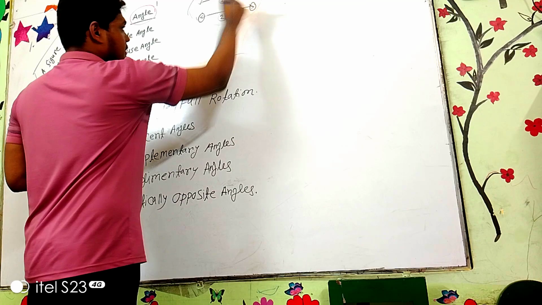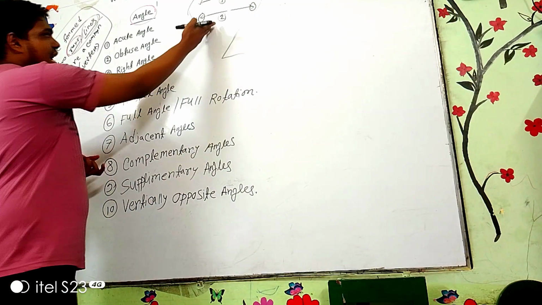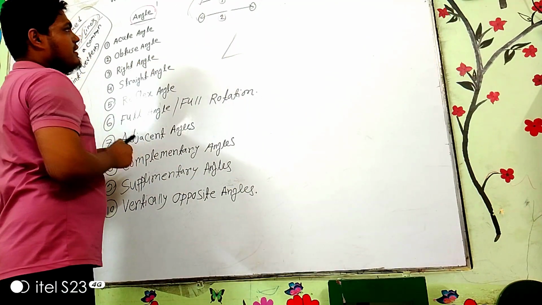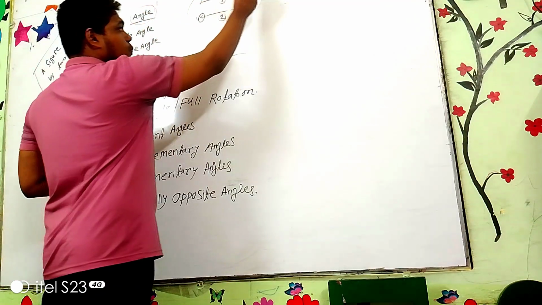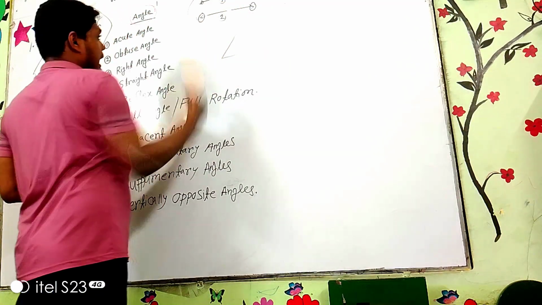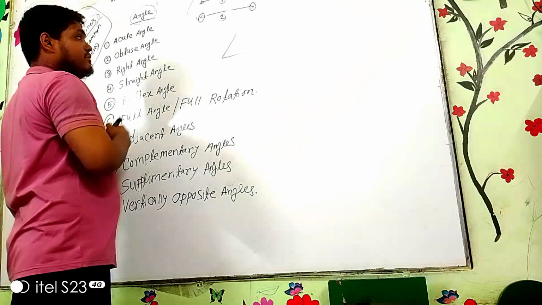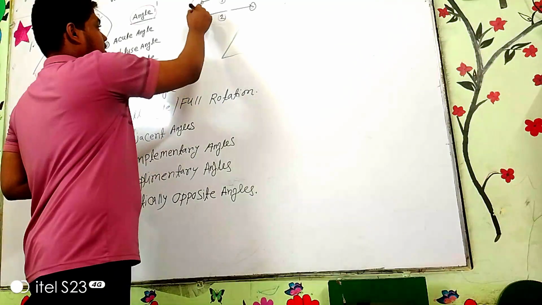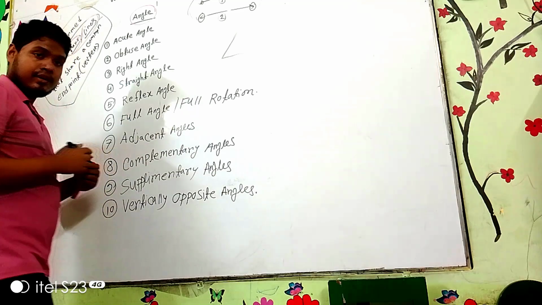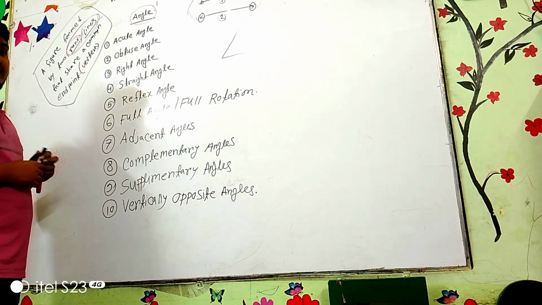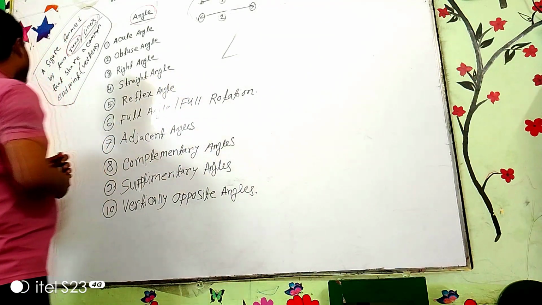So now this is line and this is ray. Ray has only one end point, and lines have no end point. It's infinity. Okay, I think you understood.